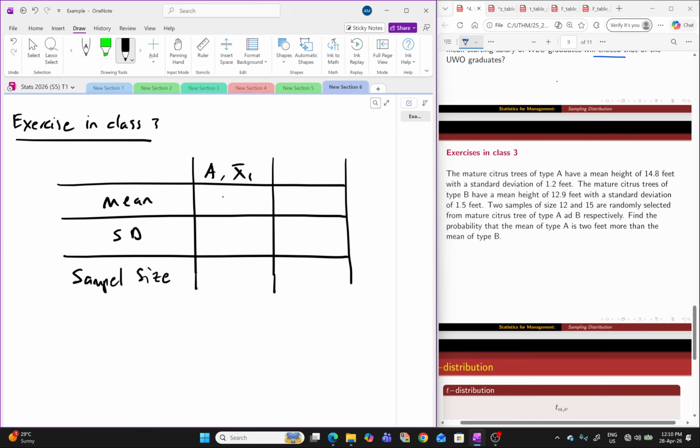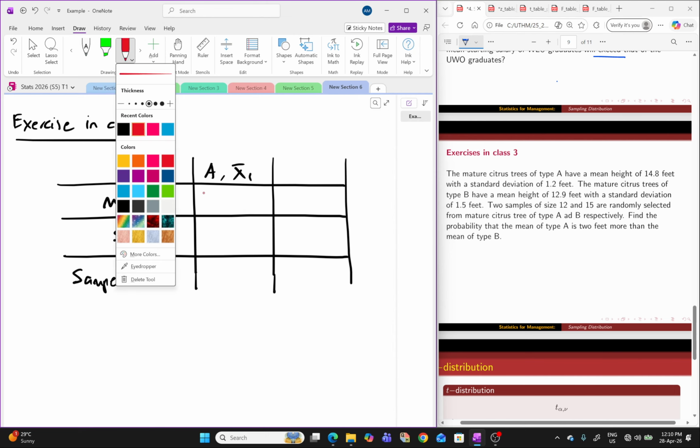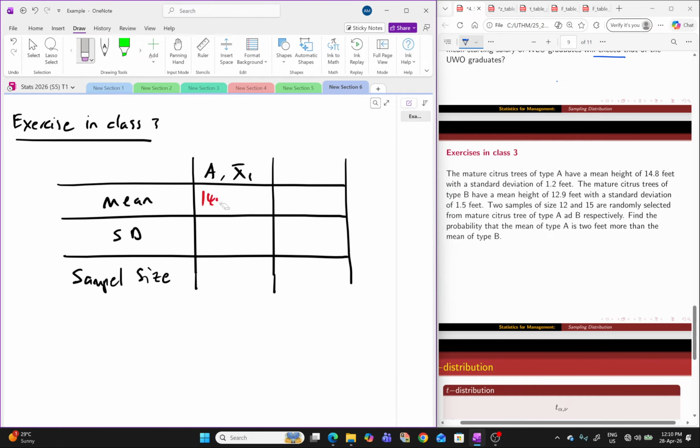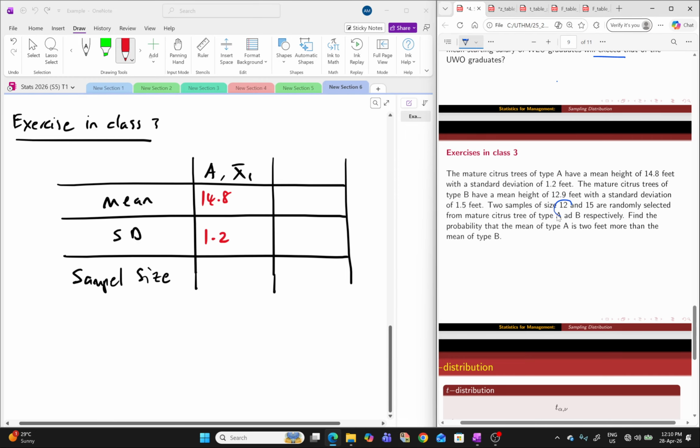Mean height is 14.8, standard deviation is 1.2, and 2 sample size 12, sorry.